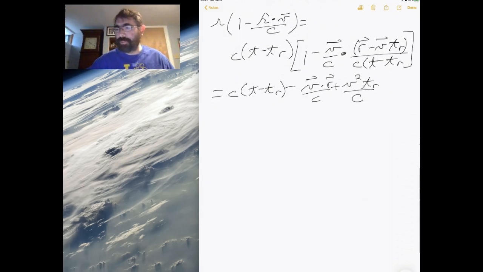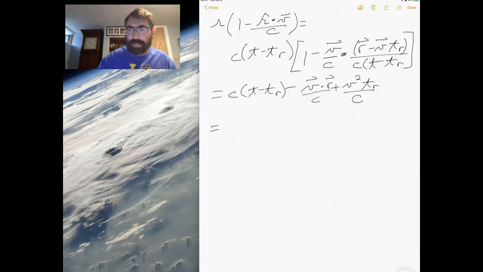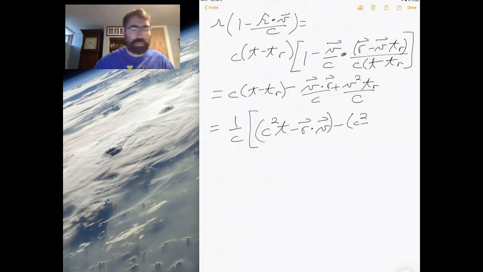And we're going to reduce it one more time and essentially take out a c. So I have 1 over c, and I get c squared t minus R dot v minus c squared minus v squared t_r. And now what we want to do is take that t_r from the quadratic equation and plug it into this equation right here.